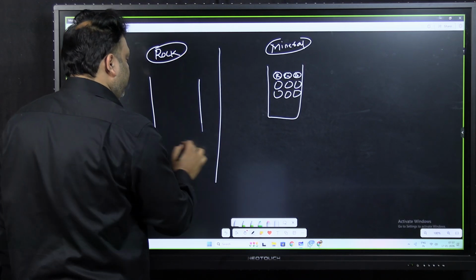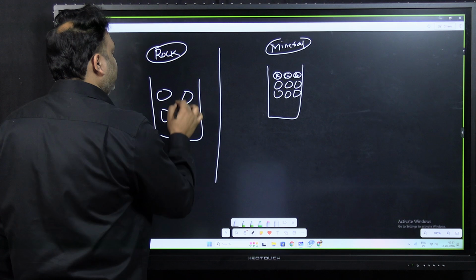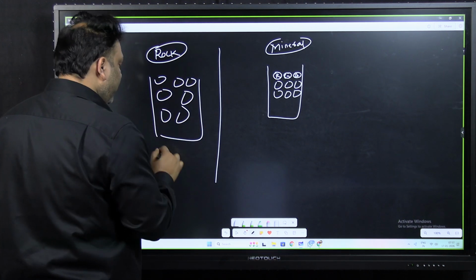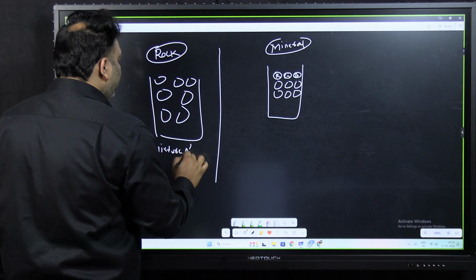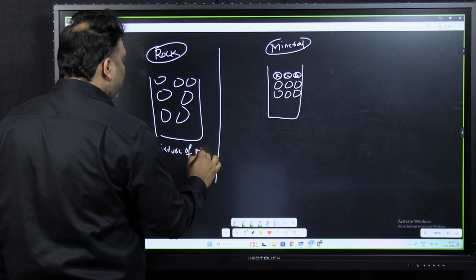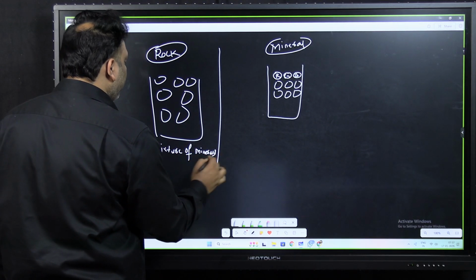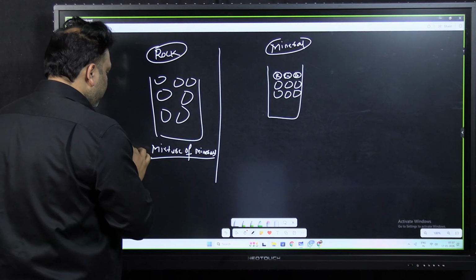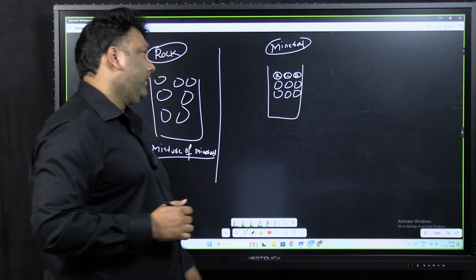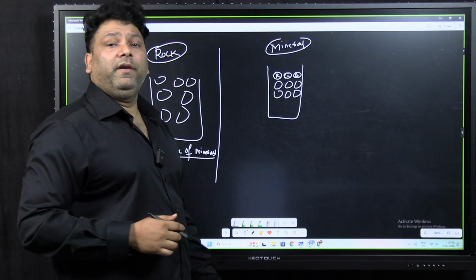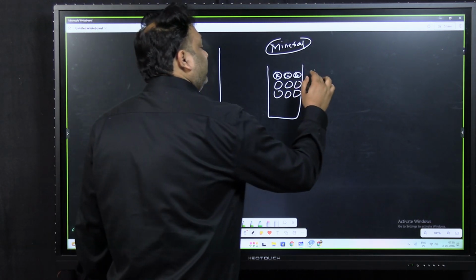But in rocks, they are chaotically arranged. In fact, a chaotic mixture of minerals becomes a rock. Now, what are the various types of minerals?